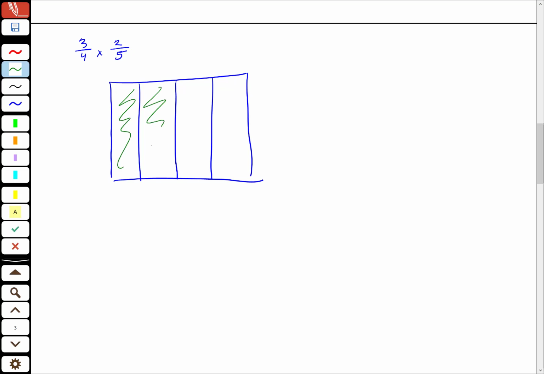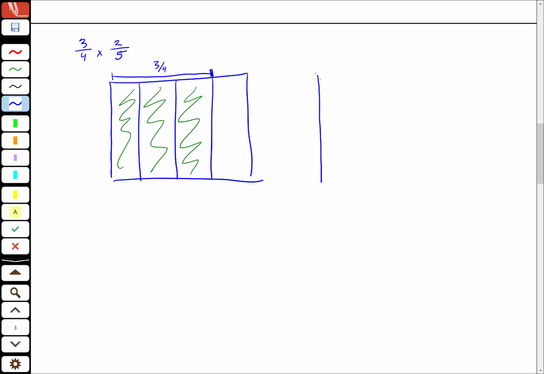And there's 3 of them, right? And so this is a picture of 3/4, and I'm going to maybe draw it up this way. Now, 3/4 also represents the length from here to here. So if you're thinking about it as an area diagram, that's that length.